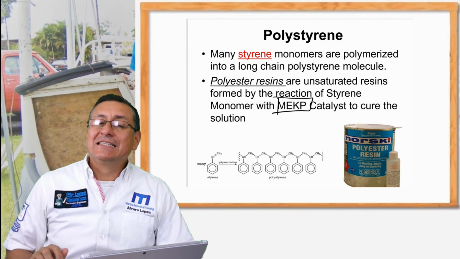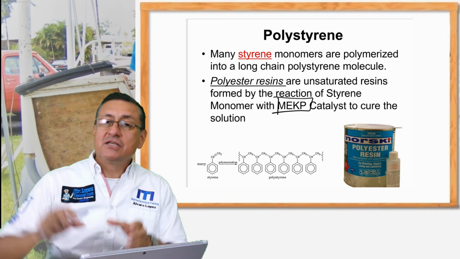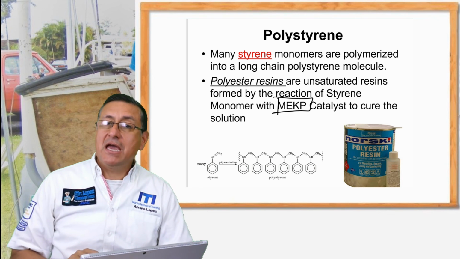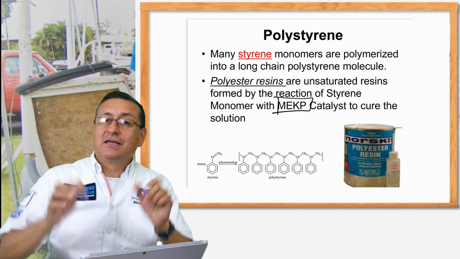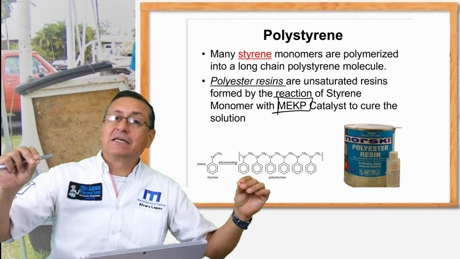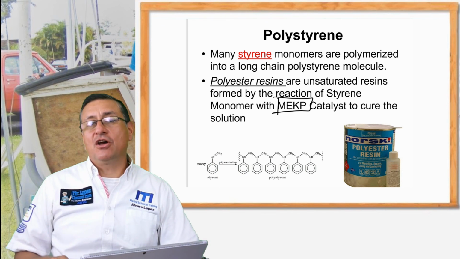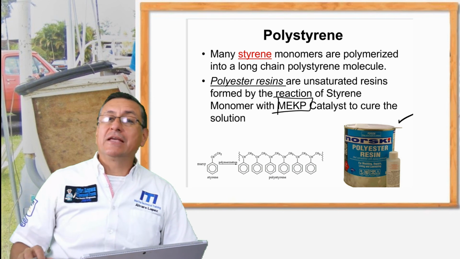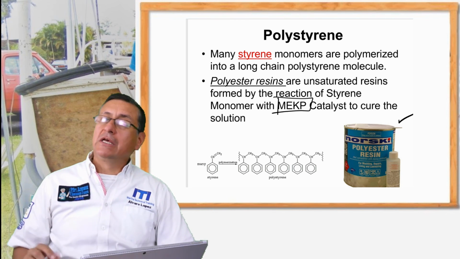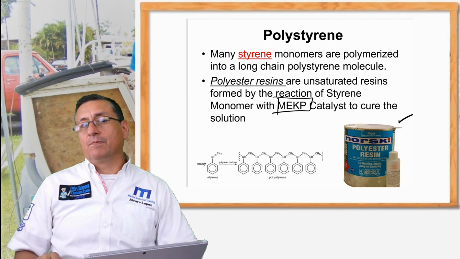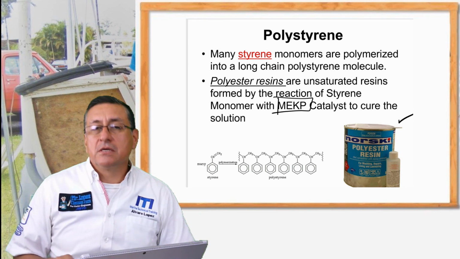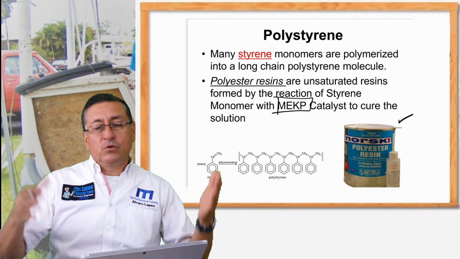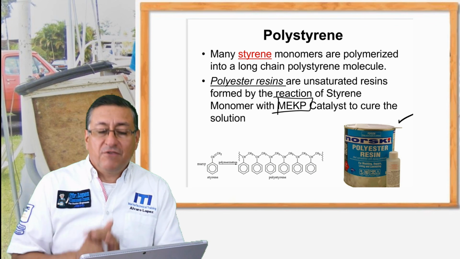It's the catalyst. When you add some drops of MEK into the styrene, it produces the polyester, producing the chain of styrene. This is a great example, and this is the polyester resin that we are going to use in the next coming episodes in the fabrication of stringers, transoms, windows, holes in fiberglass.